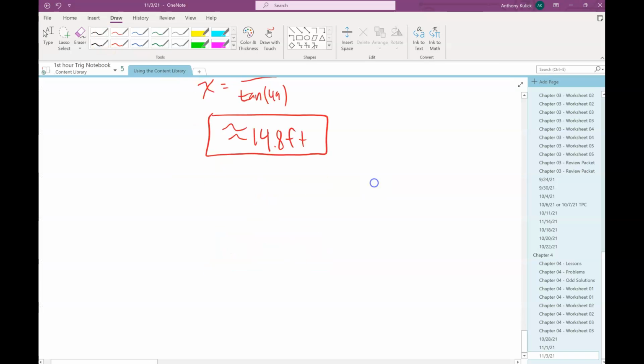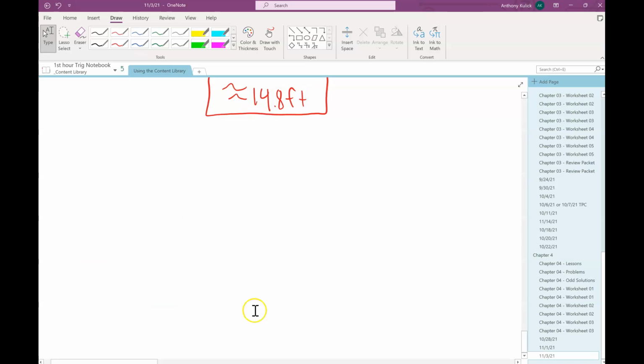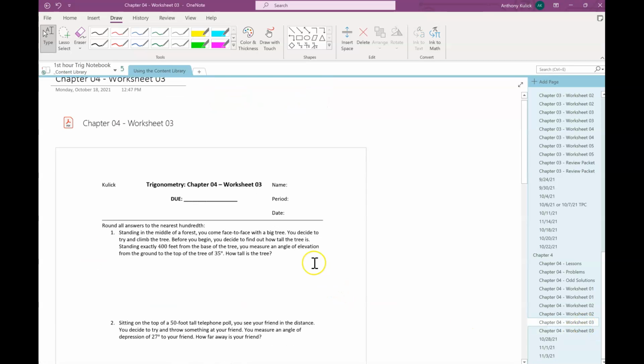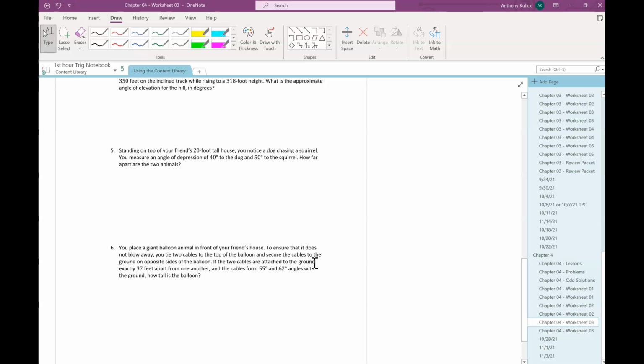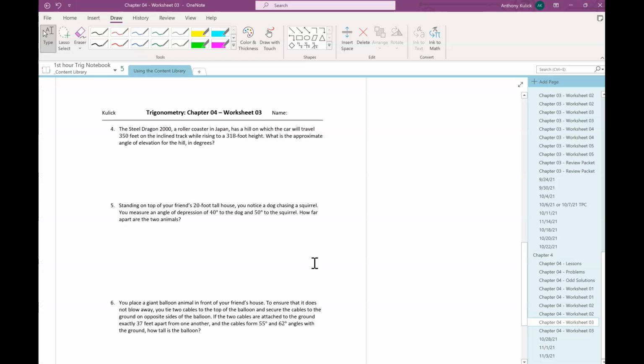That's going to be it for this section, though. For you guys, we're going to do worksheet 3, but I don't want you to worry about 5 and 6. Okay with that?